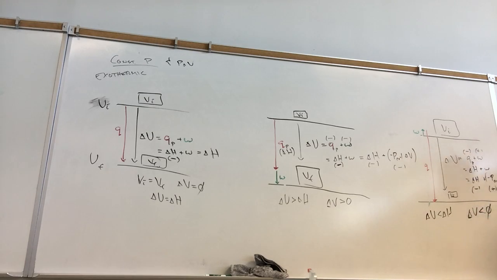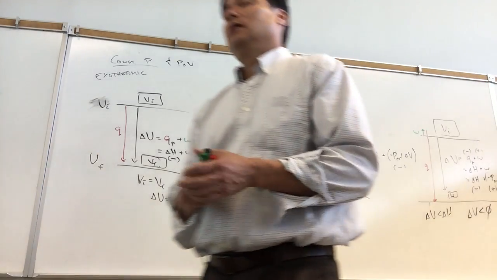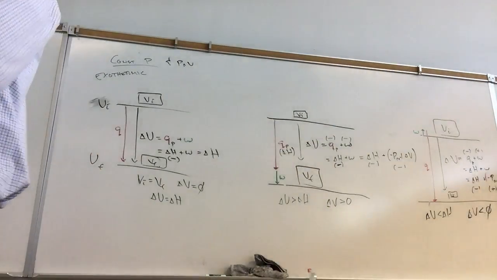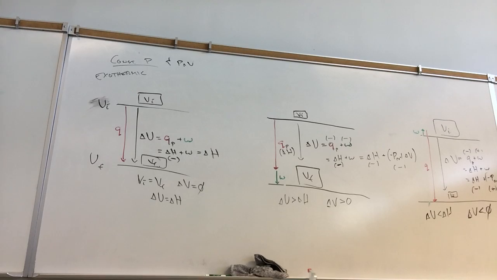It's not your QP. We have to realize that QP is a path-dependent function as well. QP is not necessarily a state function until you put those restrictions on it. And so is that enough things to keep track of? Well, it seems like it, but you have more.